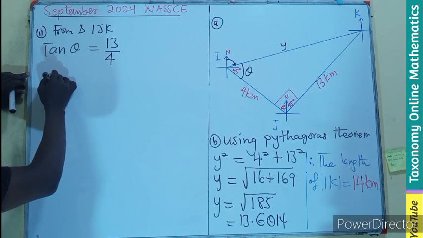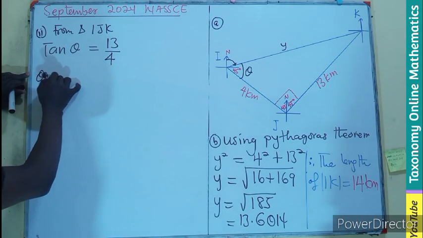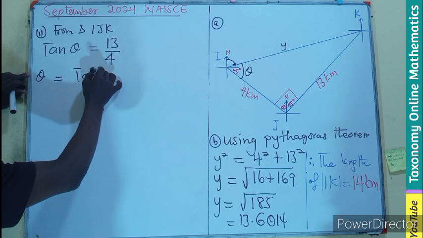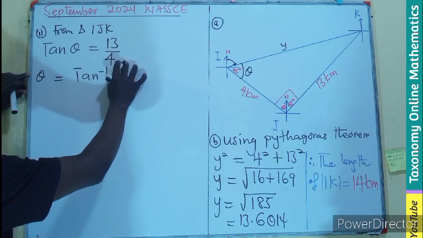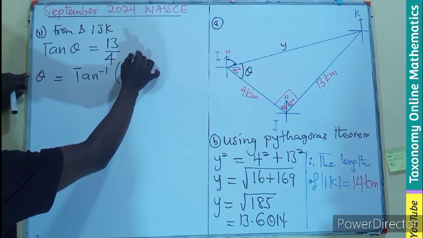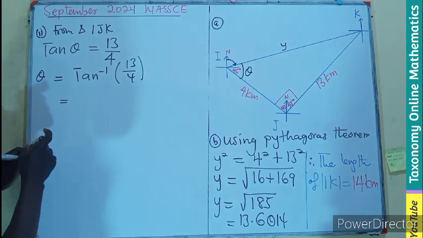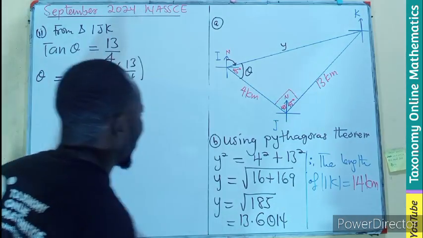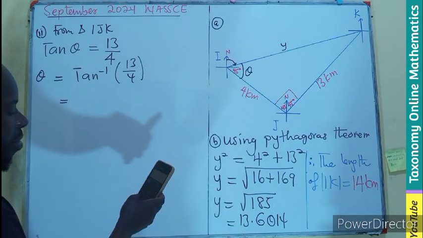So theta equals the tan inverse of 13 divided by 4. Let's see what that will give us on our calculator.